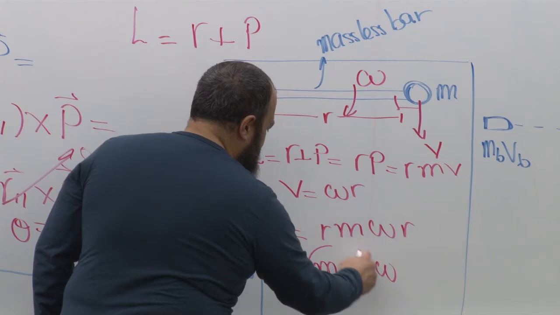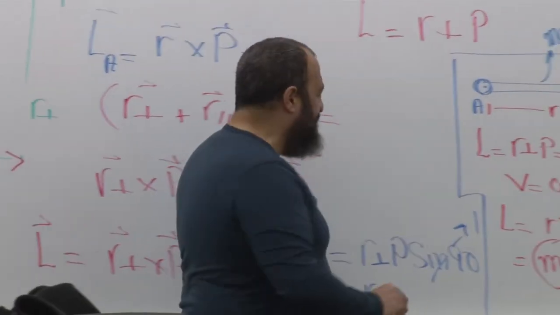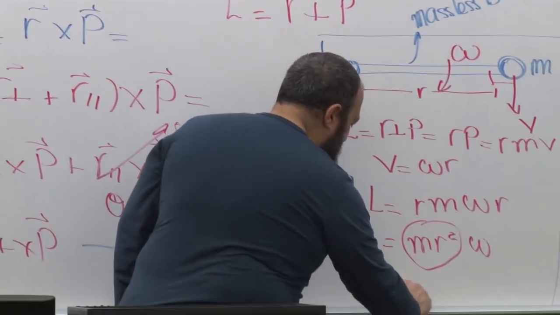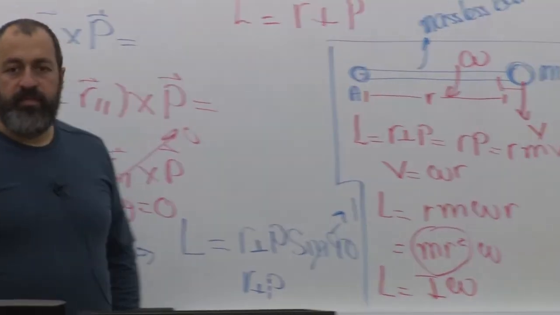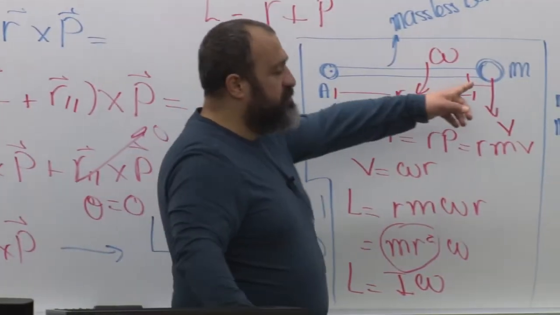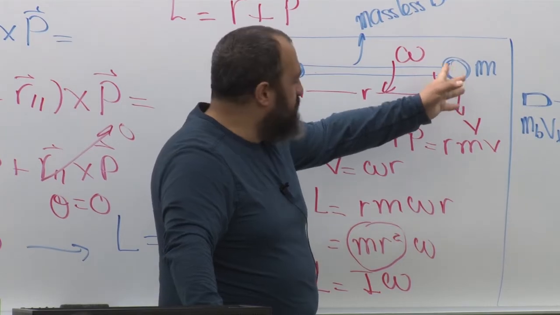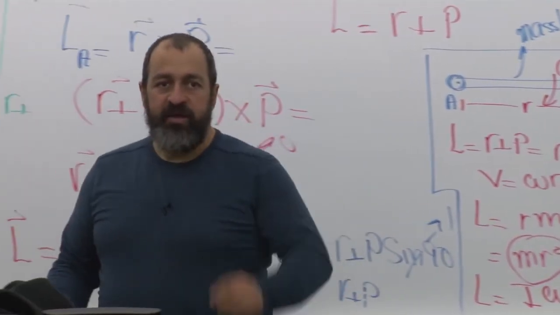That guy is I. So L, the angular momentum of an object, is equal to I omega. We have made the transition from a point mass moving in a straight line to a point mass rotating and getting this result. L is equal to I omega.